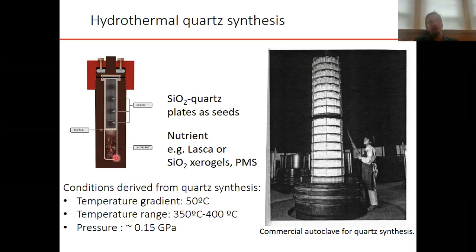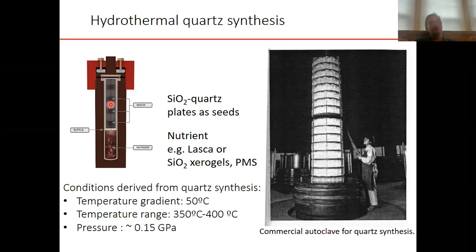The bottom zone is always somewhat hotter than the growth zone. So the nutrient dissolves in the dissolution zone and then is transported through the baffle into the top zone, which is somewhat cooler, and therefore the solution becomes oversaturated.